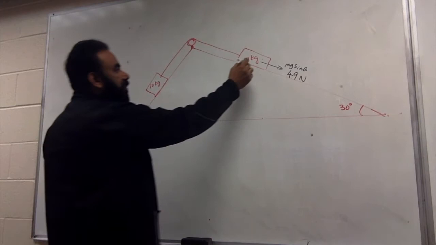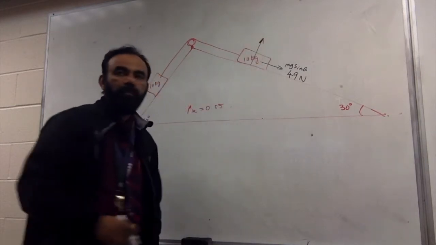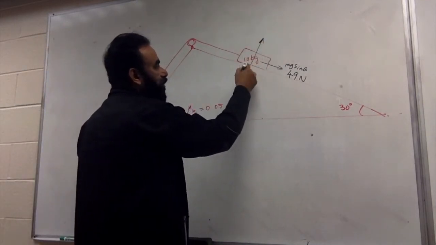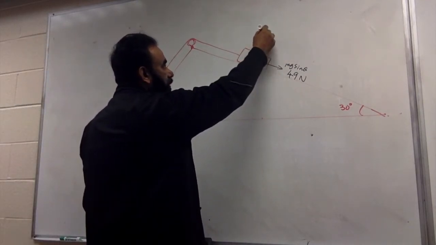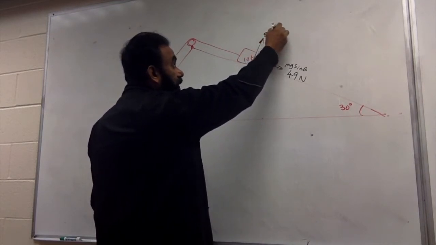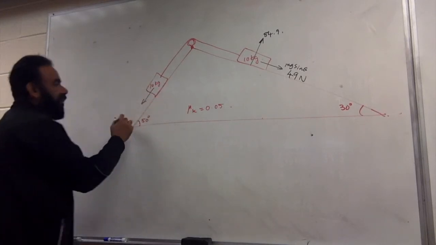Now, what is the normal reaction here? Normal reaction is going to be mg cosine theta, which is how much? 84.9.